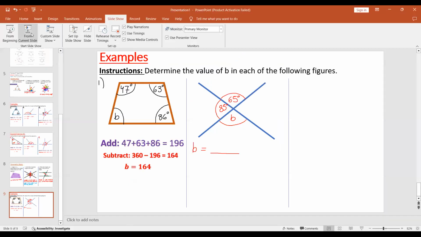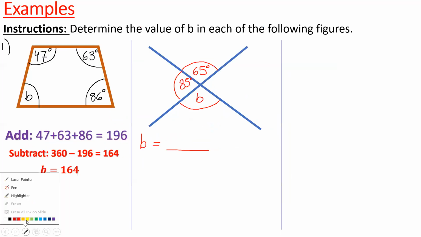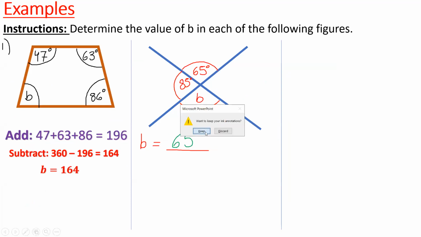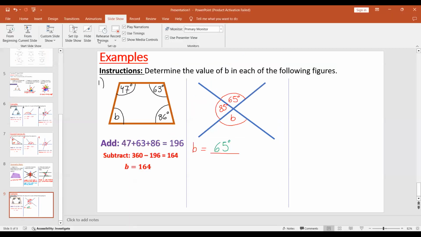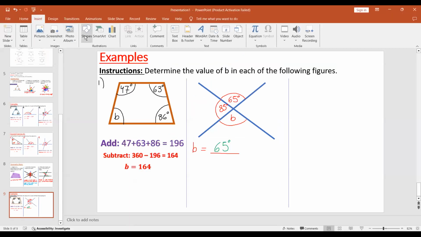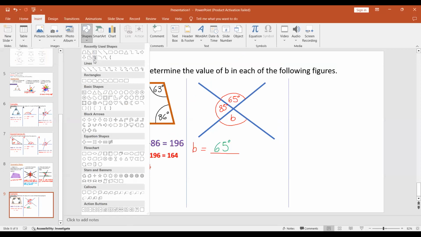How many persons said 65? Let me know if you said 65 and not 85. So it's going to be 65 degrees, and that's going to be the angle for B.